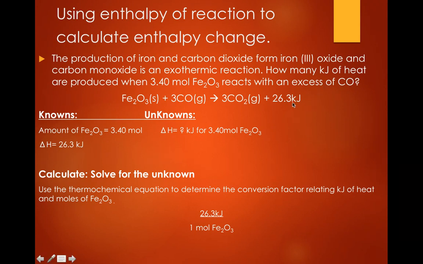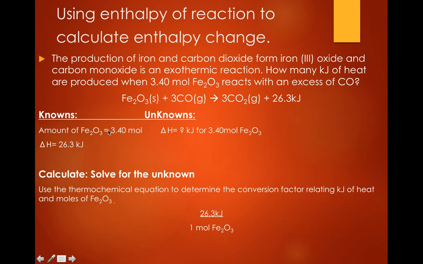Now, the strategy I like to use when I do this is I create a table of knowns and unknowns. So what do I know? Let's start with the given. Let's always start with the numbers found in the problem. We're not doing new things here. We're doing it the same way we've always done it. So let's look at the word problem. Let's look for numbers. Oh, look, there's some numbers. 3.40 moles of iron(III) oxide.